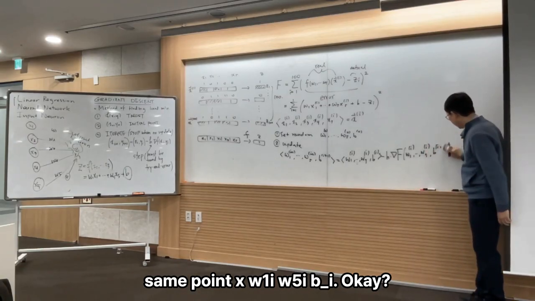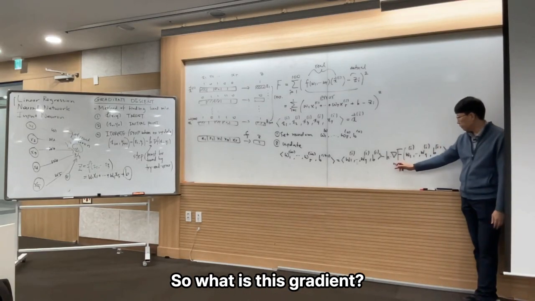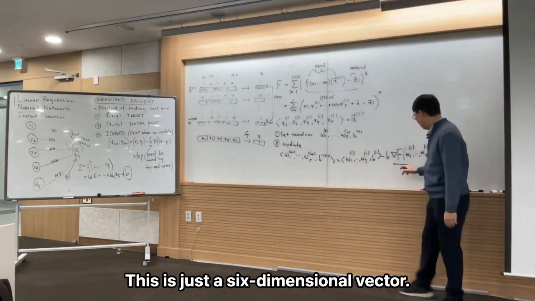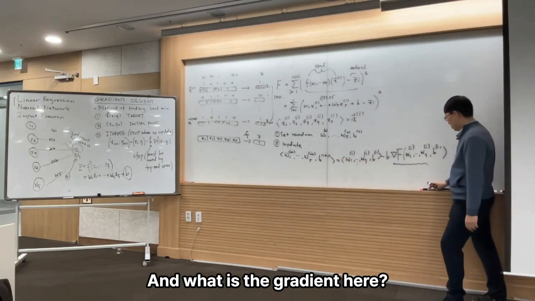Okay. So what is this gradient? So everything is clear, but this is just a 6-dimensional vector. And what is the gradient here?